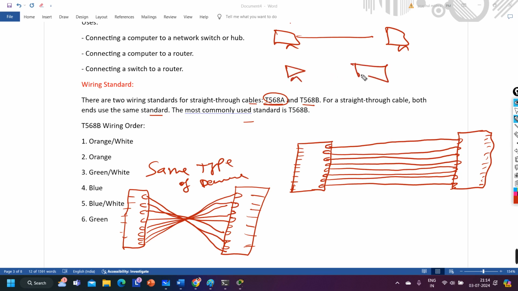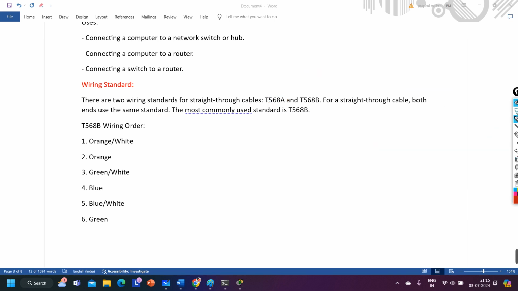I need to connect PC to switch, which type of cable will I use? A straight through cable. Different types of devices, straight through, right? I need to connect this switch to router, which type of cable? A straight through cable. Okay.